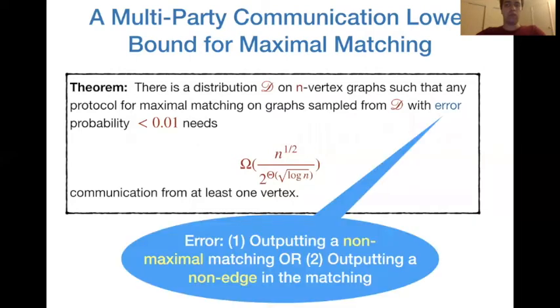So one thing I should point out here is, what do I mean by error? There are two notions of error. One is that the protocol is allowed to output something which is a non-maximal matching. In that case, it errs. But it may also output a non-edge in the matching. Basically, output a pair of vertices for which there is no edge in the input graph.